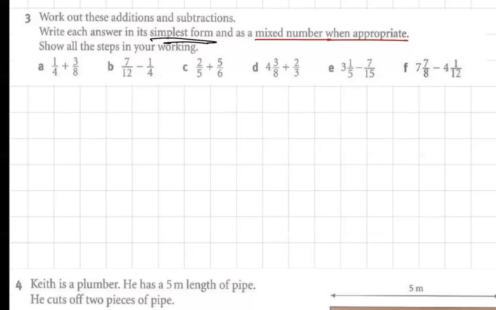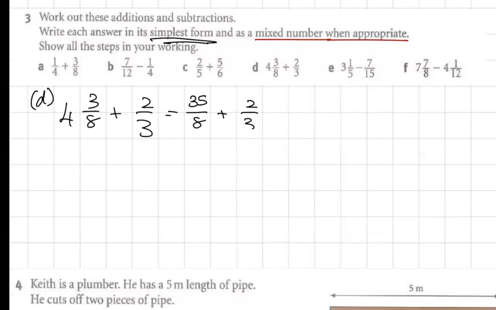Okay, next one, question D. 3 over 8 plus 2 over 3. I would change it to an improper fraction first. Then after that, we just multiply. So 8, 3, and we get 24.